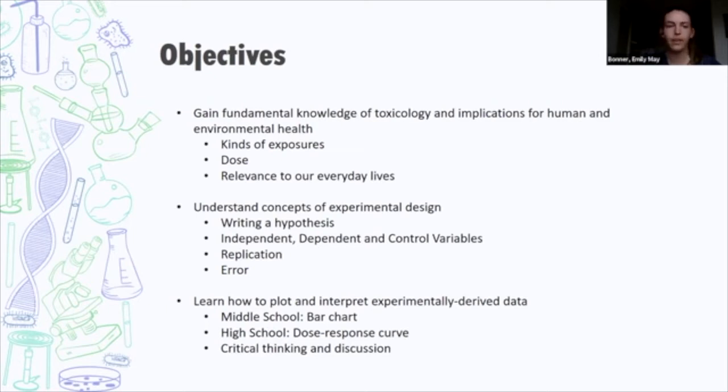And then in addition to that, we wanted to touch on concepts that had to do with experimental design, like writing a hypothesis, identifying independent, dependent, and control variables, asking the question of what is replication, and sources of error in an experiment. And then after the activity, we have some discussion questions and activities for plotting and analyzing the data that the students come up with.